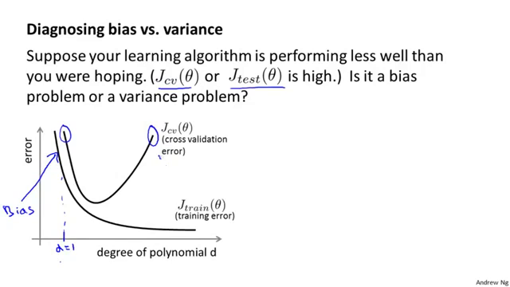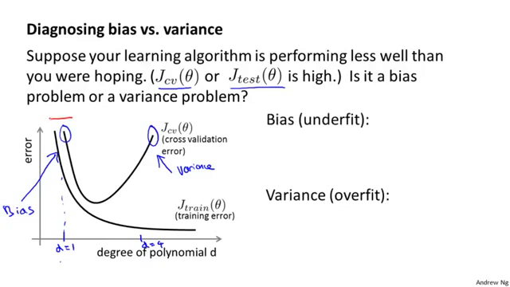Whereas in contrast, this regime corresponds to a high variance problem. That is, if d, the degree of polynomial, was too large for the dataset that we have. And this figure gives us a clue for how to distinguish between these two cases. Concretely, for the high bias case, that is the case of underfitting, what we find is that both the cross-validation error and the training error are going to be high.